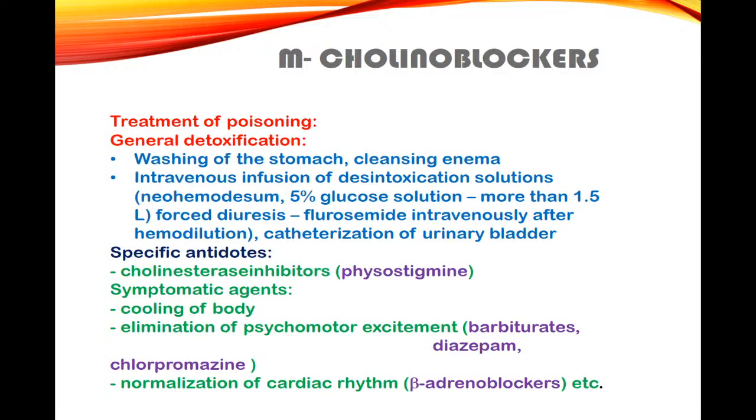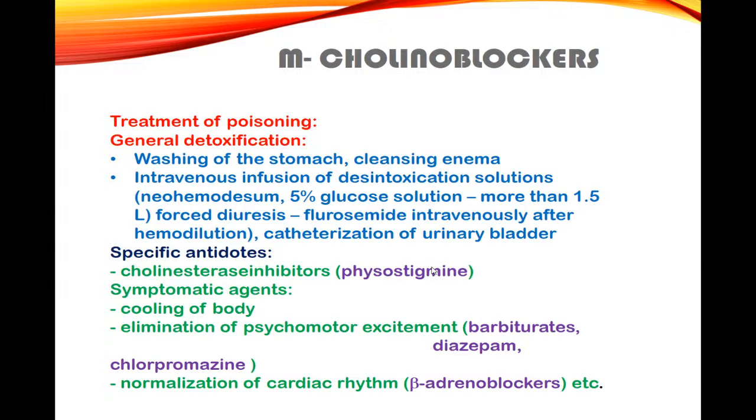Sometimes we use cholinesterase inhibitors penetrating into the CNS as antagonists. Sometimes this is helpful, for example physostigmine. If we observe expressed manifestations from the CNS, hallucinations, delirium, we can introduce cholinesterase inhibitors like physostigmine.